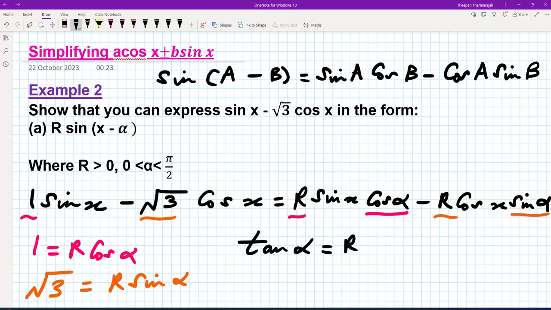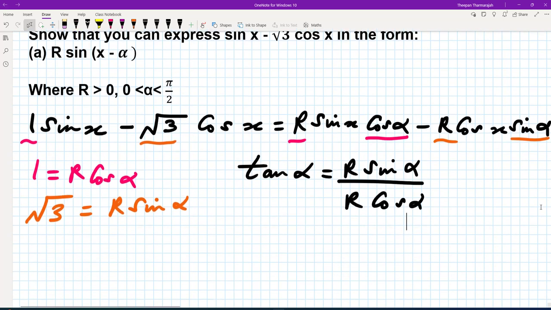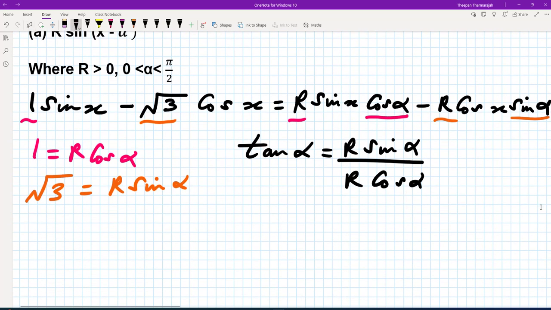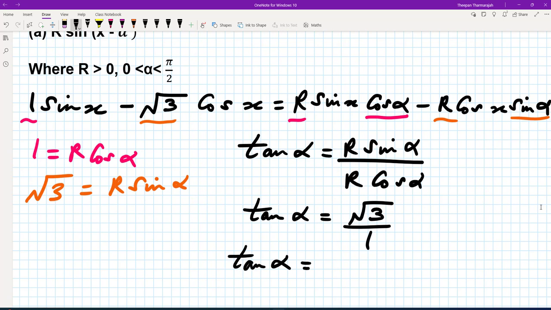So we can write that just for clarity, r sine alpha over r cos alpha. So what we end up with is root 3 over 1. So tan alpha is root 3 over 1. Tan alpha is simply root 3.